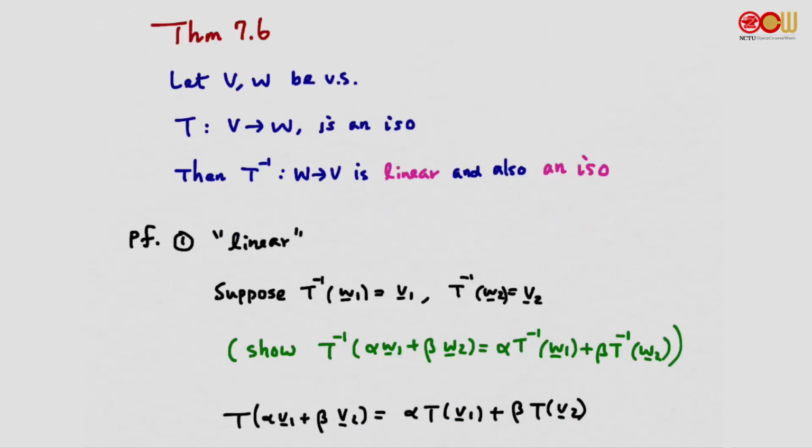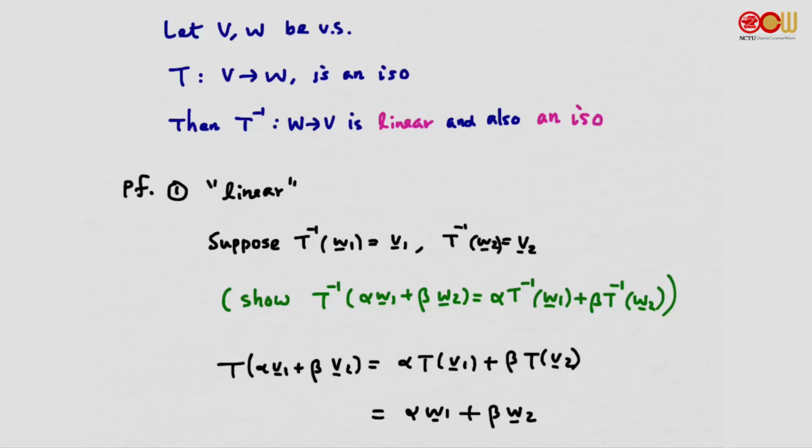Well, we don't know if T inverse is linear or not yet, but we know T is linear. So T of this linear combination is the linear combination of the images T v1 and T v2. And this is the same as alpha w1 plus beta w2.